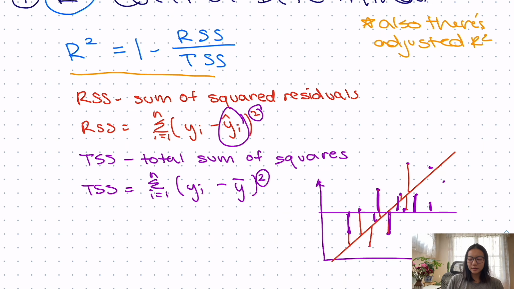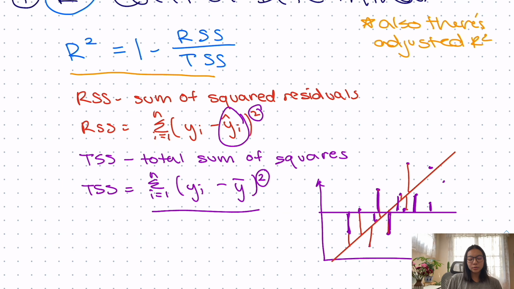So the total sum of squares is taking all of these values and asking, what is the sum of squares if I didn't do any regressor and literally just calculated the average of all the y values in my data set, and for every single x value, I'm just going to predict that average? That would mean that maybe y and x aren't associated with each other at all. The best thing I can do for any new x value is just predict, hey, this is the average of my data set.